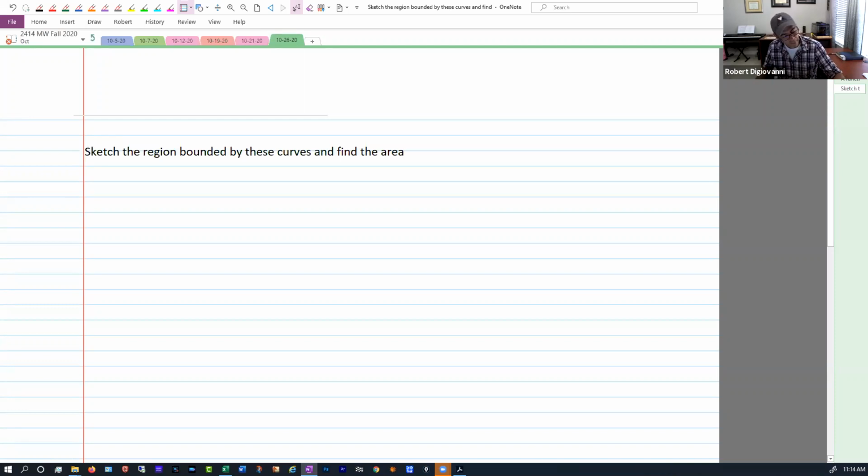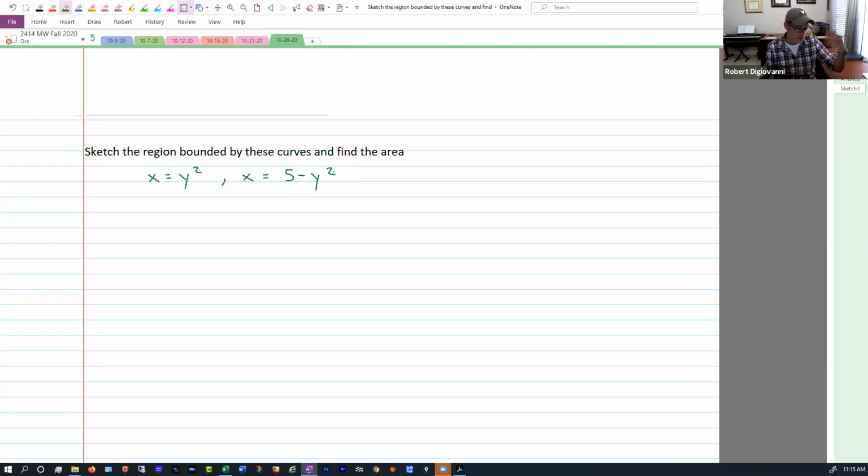Okay, here we go. x equals y squared. x equals 5 minus y squared. So if you look at both of these curves, hopefully you recognize that both of these are not functions of x. These are actually functions of y.